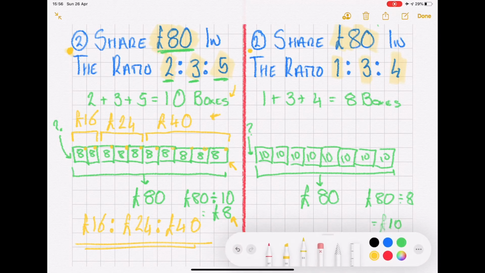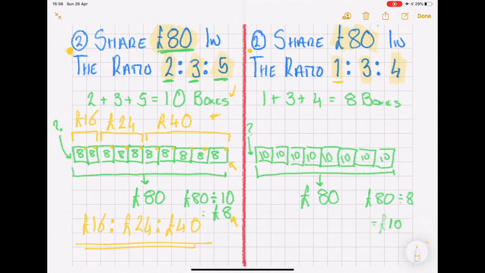Now we are splitting it in the ratio 1 to 3 to 4. So that's 1 box to 3 boxes to 4 boxes. The worth of 1 box is £10. The worth of 3 boxes is £30.